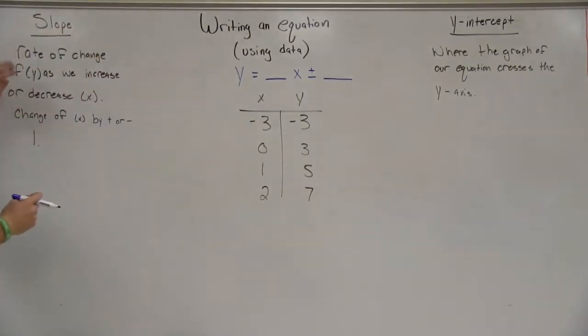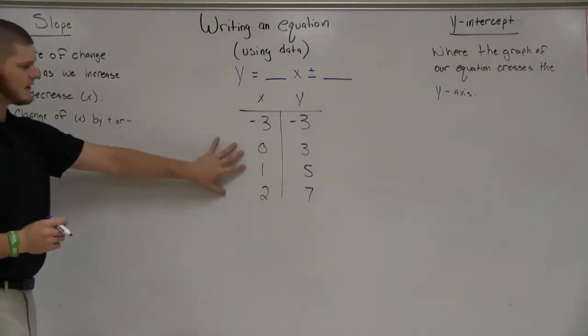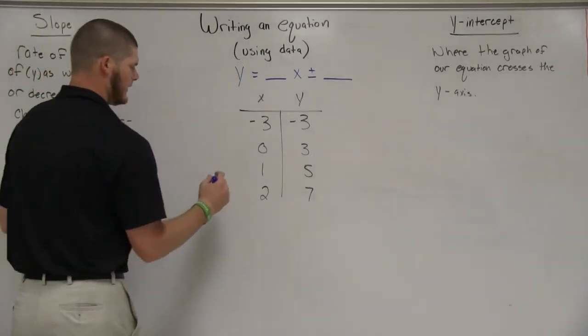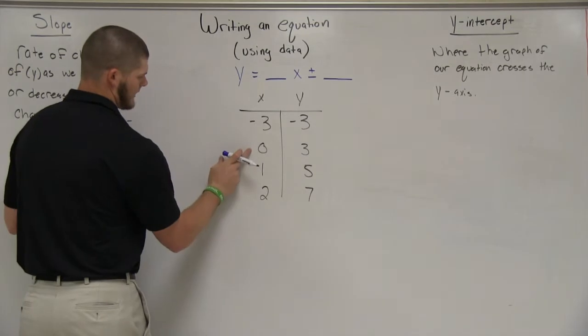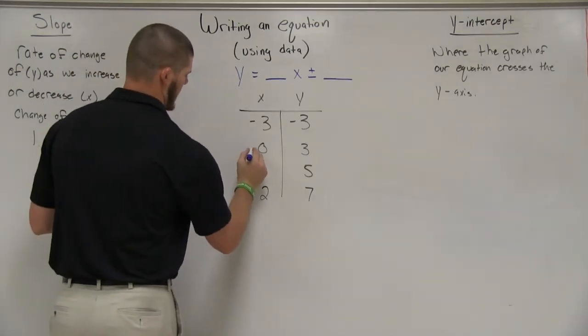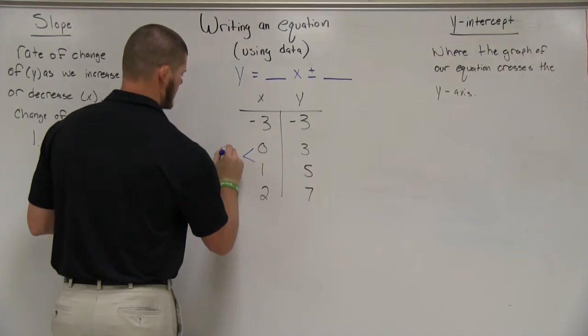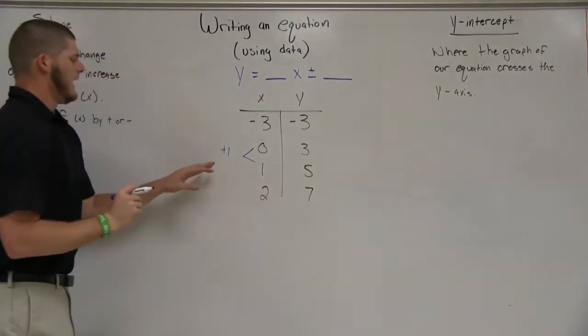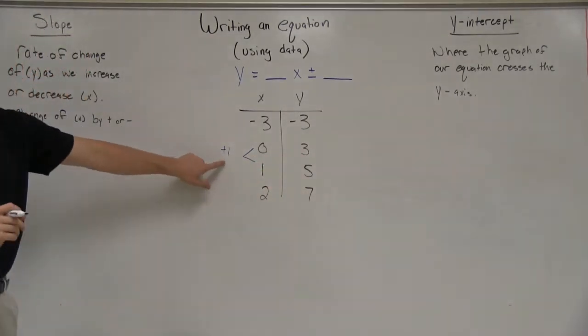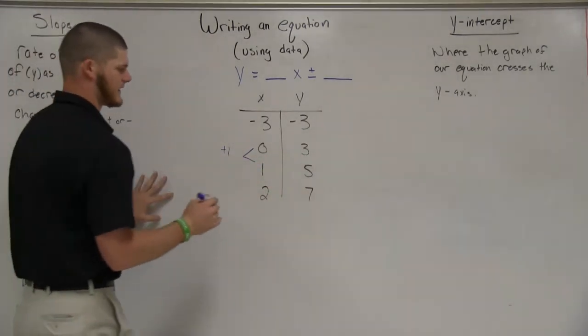So, we define slope as the rate of change as we increase or decrease by 1. So, we need to see in our table, is there any point where x increases by 1? We look here, -3 to 0 changes by 3, 0 to 1 changes by 1. So, here is plus 1. If we can find how much y increases as x increases 1, that should give us our slope.